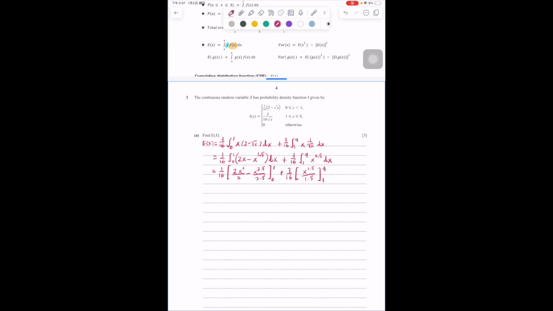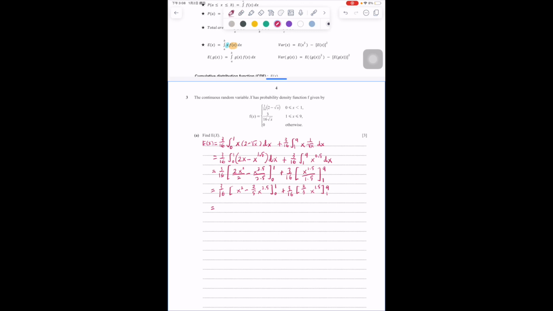Okay, to make it look more clear and simple, we can have 2/5 here, and just the same here we have 2/3, and then we can substitute our 1 and 0 into the bracket.